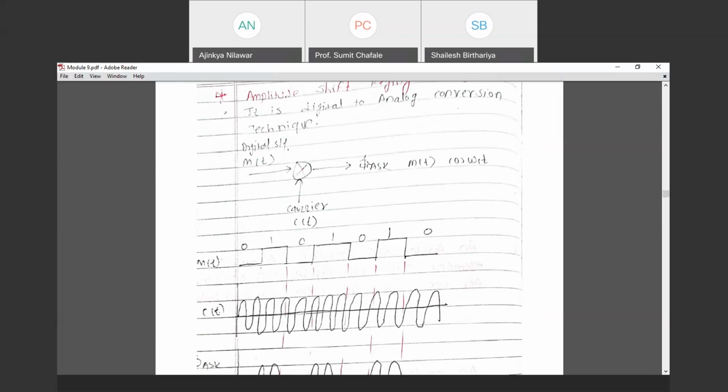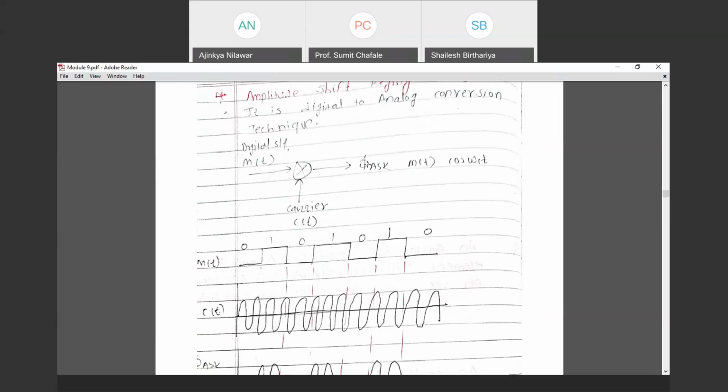In digital modulation schemes, whether it is PCM, DPCM, or delta modulation, analog to digital conversion takes place. In the case of the shift keying technique, digital to analog conversion takes place, so the input is a digital signal.